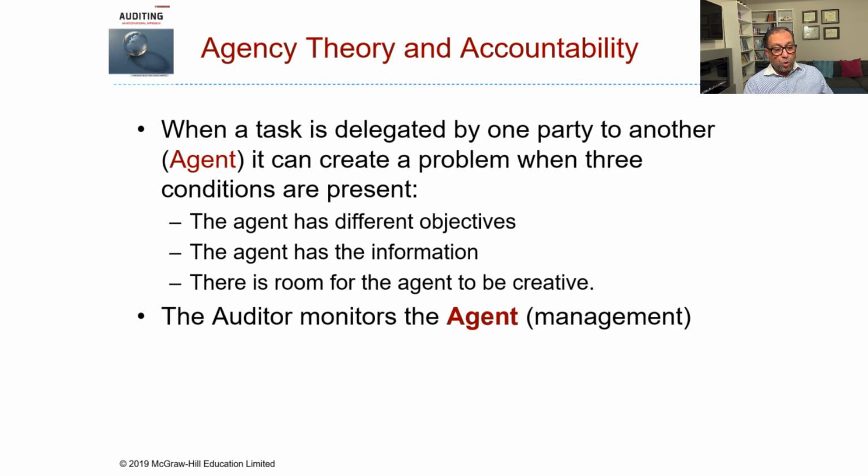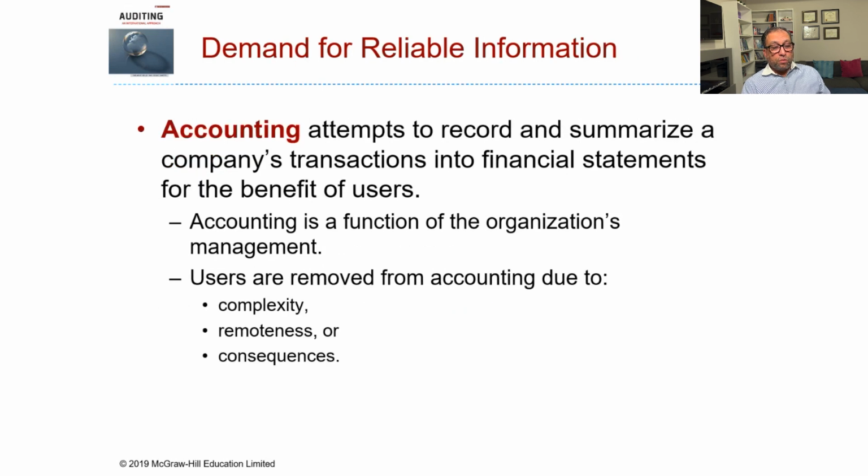The auditor monitors the agent, which is the management of the firm, as in the principal-agent problem. Management is trying to prepare the financial statements in their favor, and the owners want to get a true picture. So how can they resolve it? By hiring an auditor.